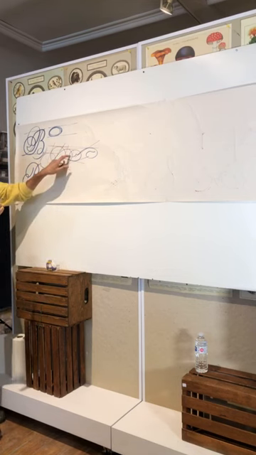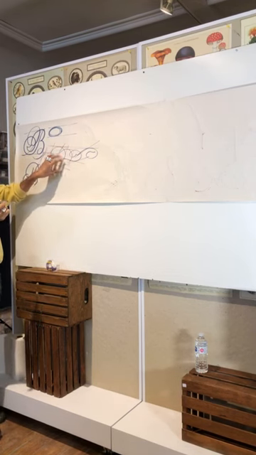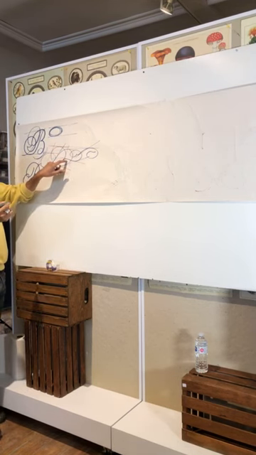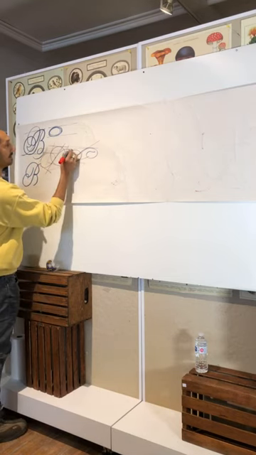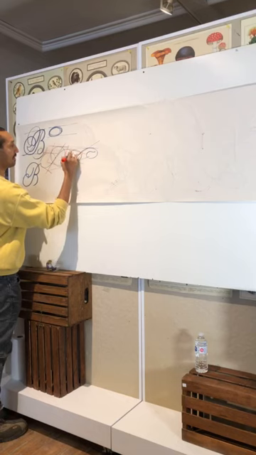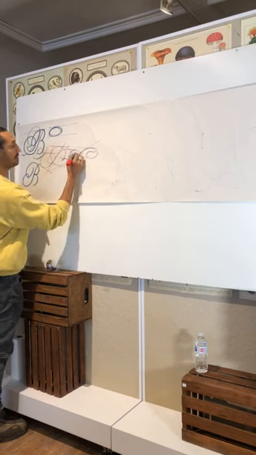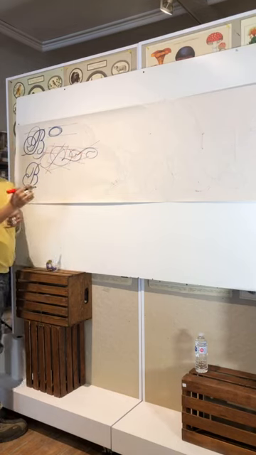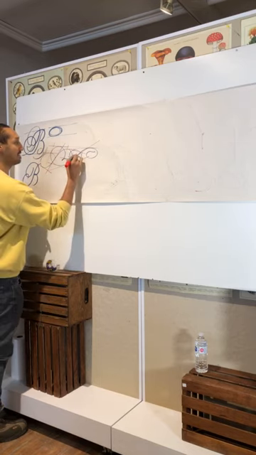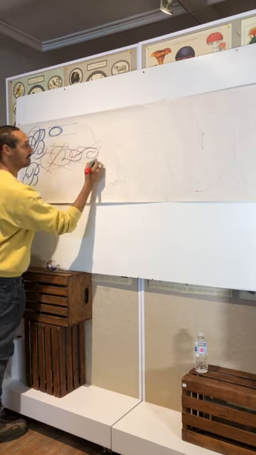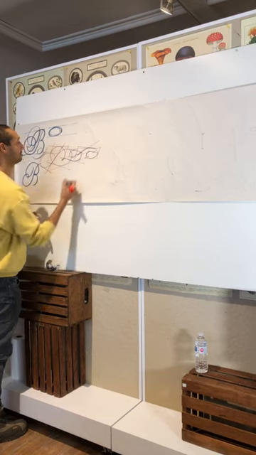So this flourish, this central bit, is aligned to this line. And then we go there, and there, and there, and there, and there, and there, and there.